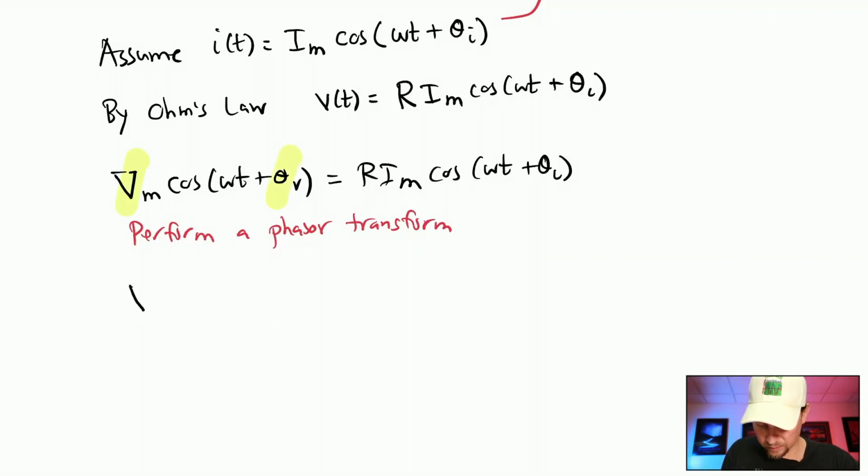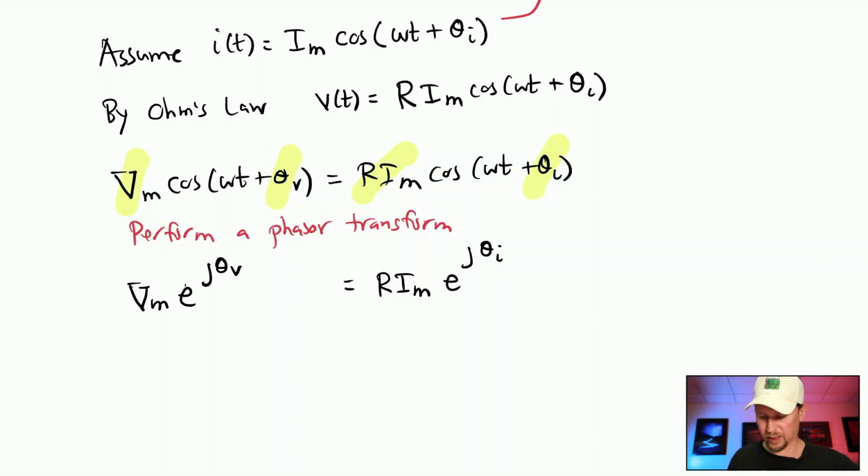So this is V sub m times e to the j theta v. And on this side, I'm picking off the magnitude and the angle. So here I have R I sub m times e to the j theta I, like this.